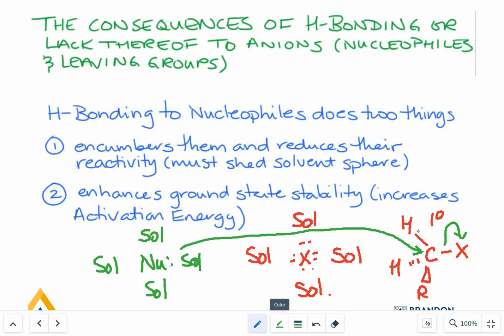It all depends upon how well you are solvated by the solvent. So if this solvent is stuck to you strongly, so strongly solvated, or if you're weakly solvated, so the solvent's there, but it's not really glomming onto you too much, weakly solvated.